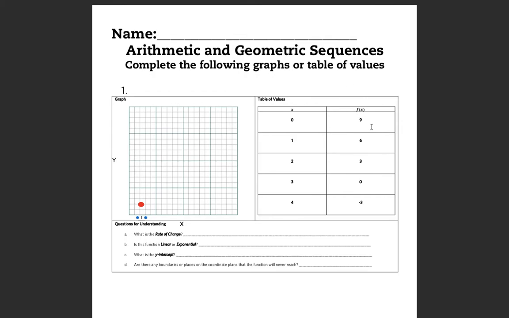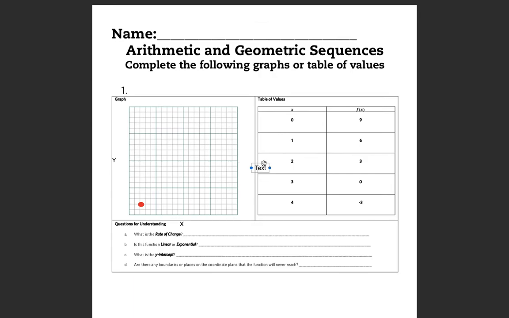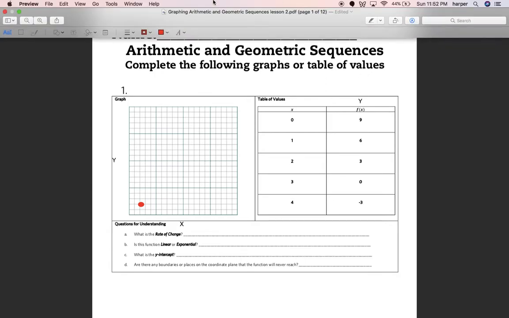So what is this f of x? Does anyone know? Math people, we think we're super fancy. Now we're not the best spellers sometimes, so in order to overcome that, we create these terms. So instead of saying y, they said f of x, which just means a function of x.